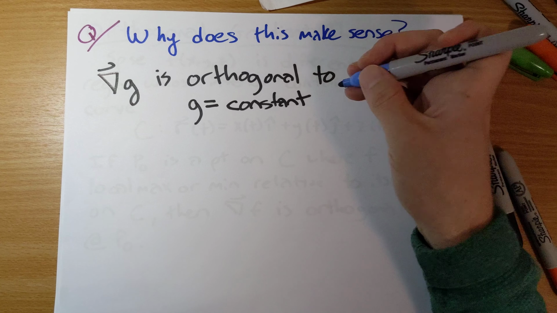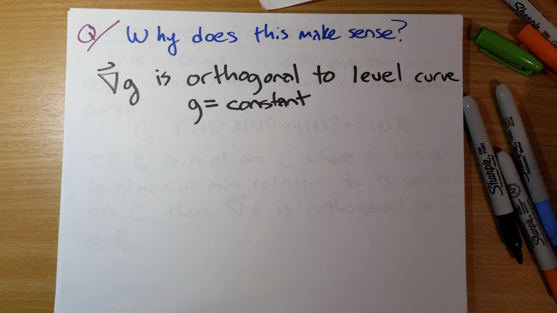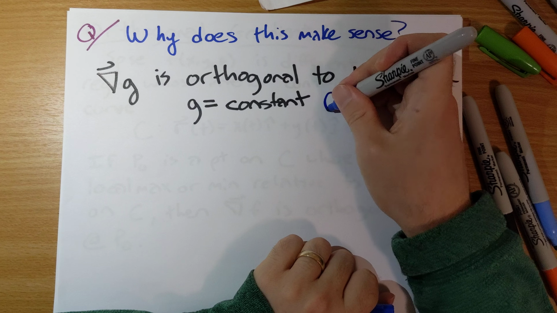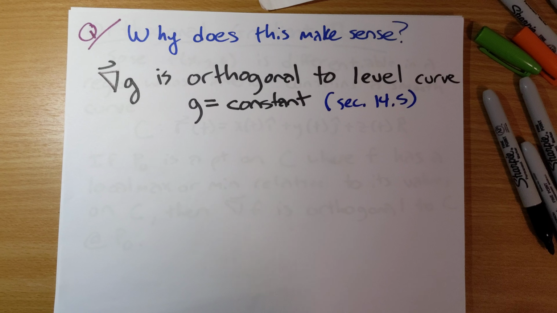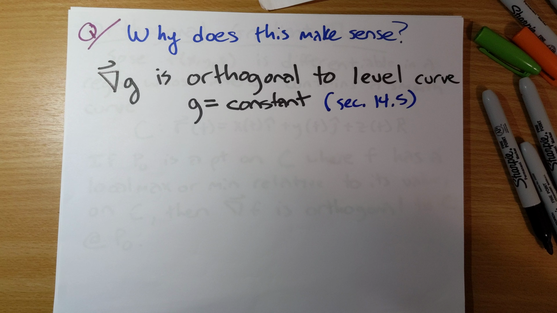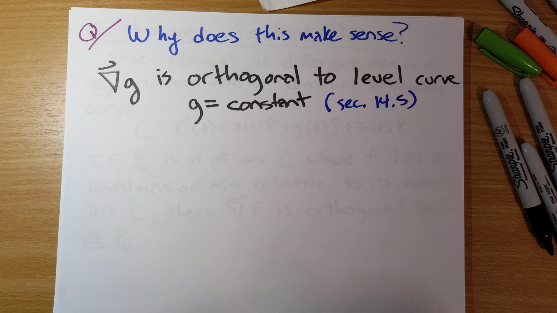This follows from the discussion in section 14.5, that one of the things we know about the gradient of a function of 2 or 3 variables is that it's orthogonal to level curves. Okay, so that's one fact.